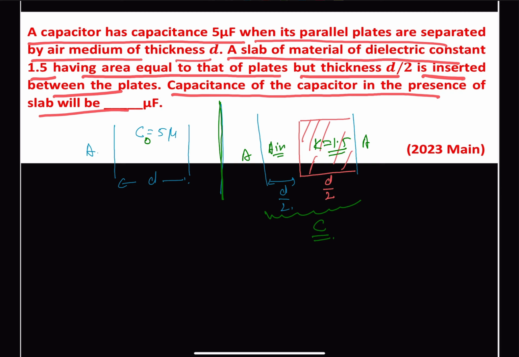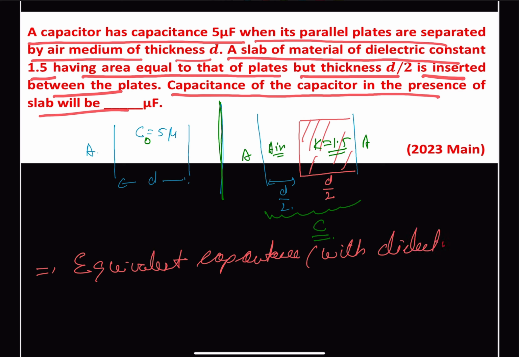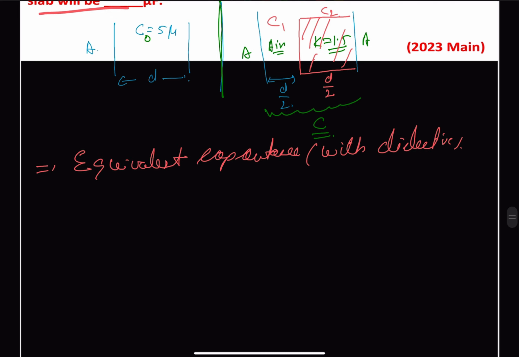Therefore we can say that our equivalent capacitance with dielectric, let us call this C1 and this C2. We can say 1 upon C is equal to 1 upon C1 plus 1 upon C2.